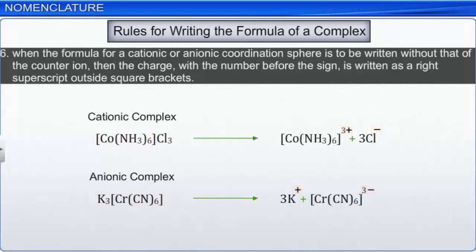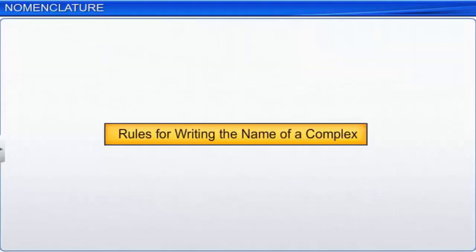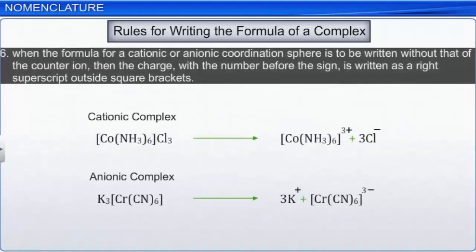For example, the first complex is a cationic complex followed by an anion. This cationic complex can be written like this: tetraamminecobalt(III) chloride. The charge of this coordination complex is 3 plus. That's why it is written as a superscript.